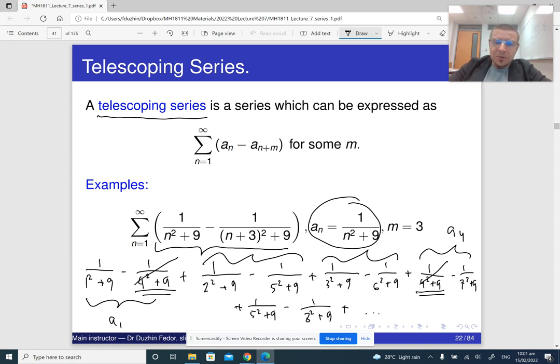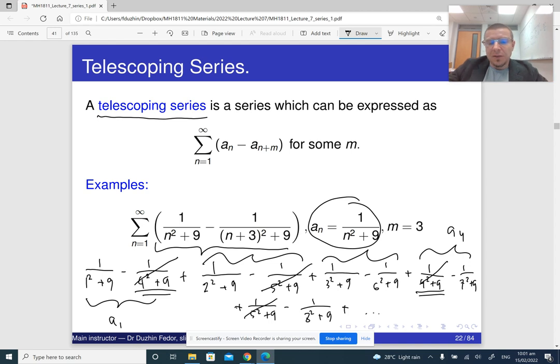Then if you look at a2 and a5, there's a similar situation: minus 1 over 5 squared plus 9 plus 1 over 5 squared plus 9. And you can guess that if I add more terms, all the terms that appeared in front with the minus sign are just going to be cancelled out.